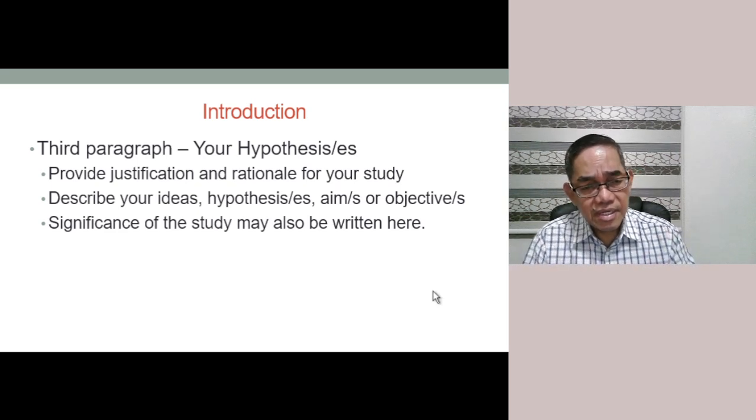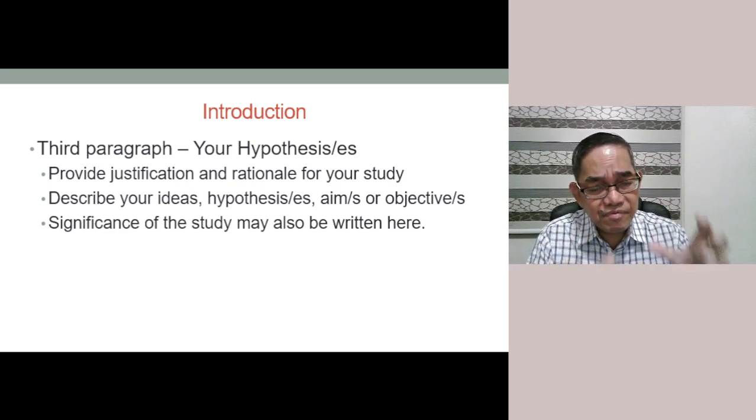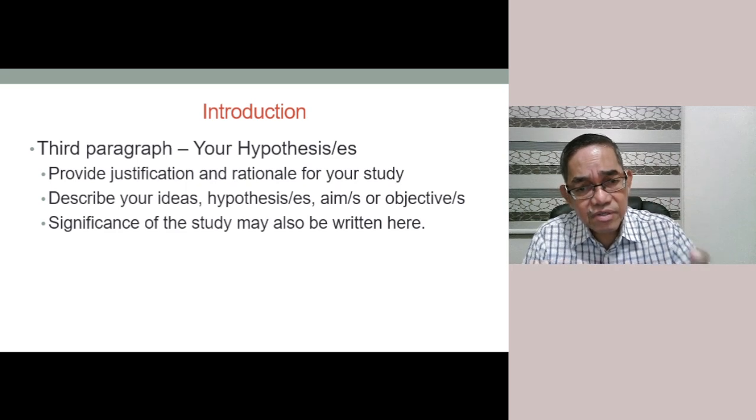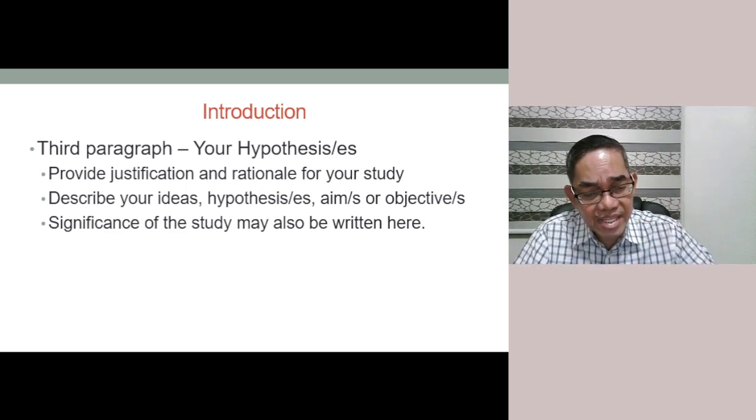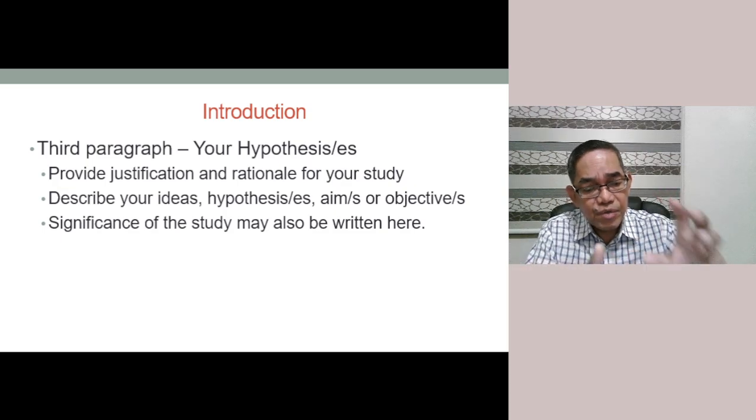You see, the write-up of the introduction should have this storyline. First, we talk of what the problem is that you have identified, the magnitude of the problem, and then the rationale for your study. And then in the second paragraph, you should be looking at what the literature says.